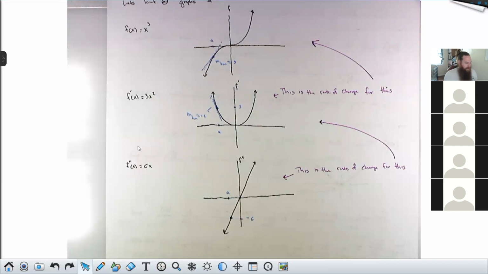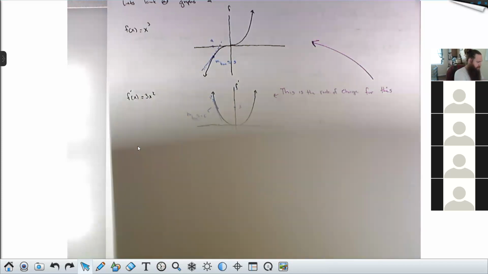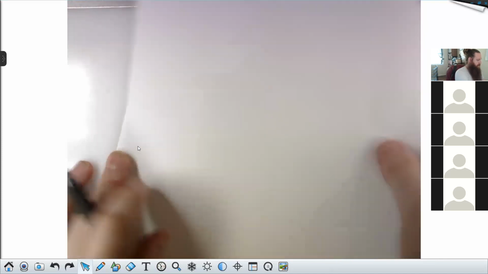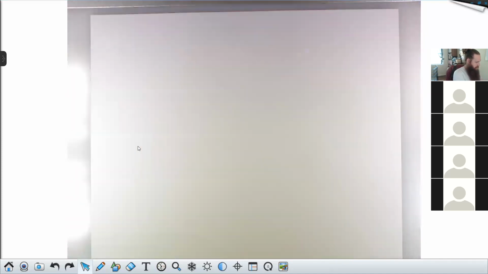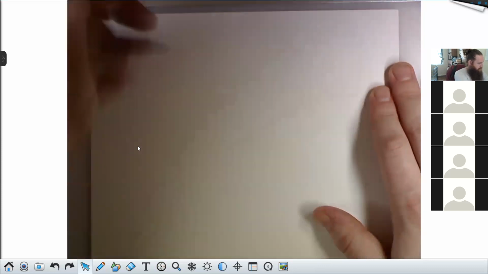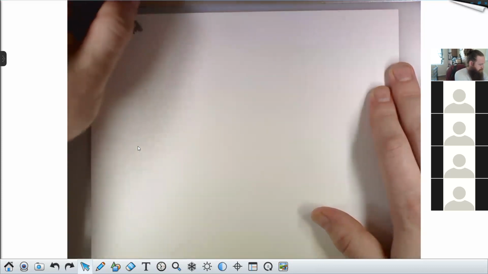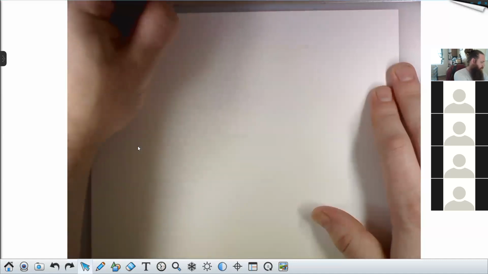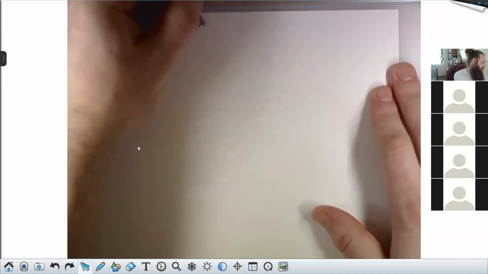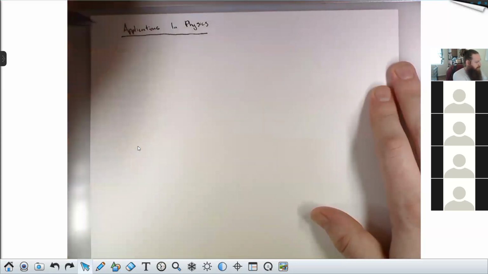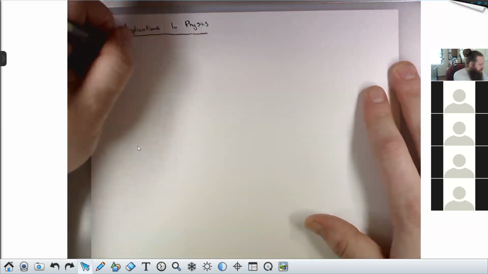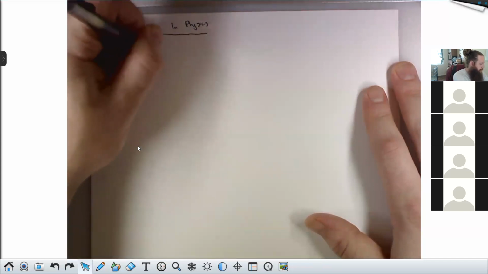The most important single application of this stuff, and I'm going to end after this, comes from physics. We know that your velocity is the rate of change of your position. So here I'm going to let S of t be my position function.